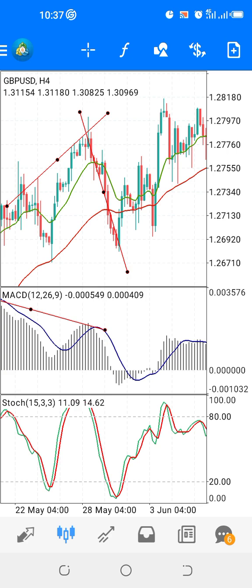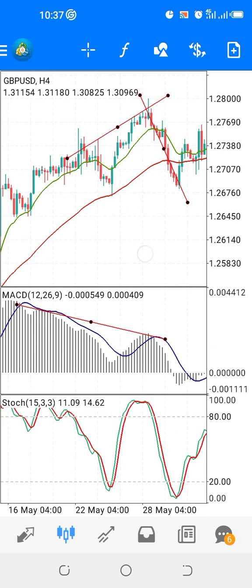As much as possible, it works better in higher time frames. So divergence is a very, very powerful tool. It enables you to catch the trend at the top or at the bottom. So when next you are trading, always look out for divergences. It is a secret to huge trading profits.